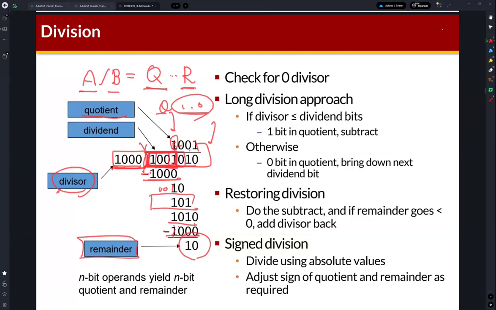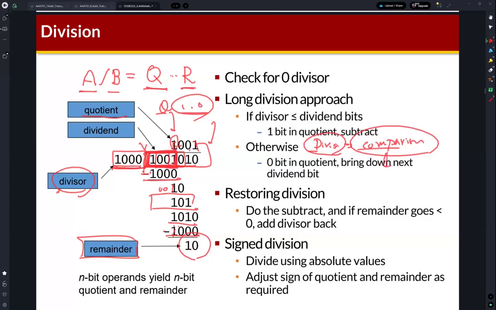But what's the problem? Division, for each digit, requires comparison. So how can you compare the size of two numbers?